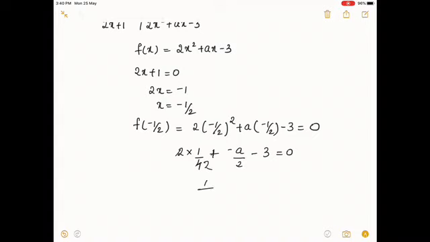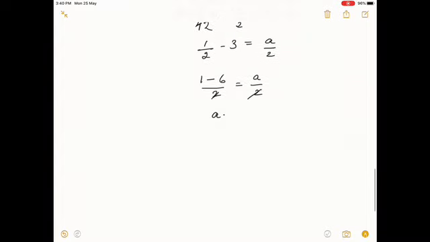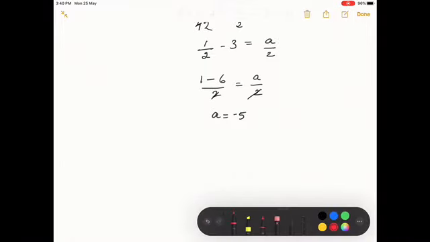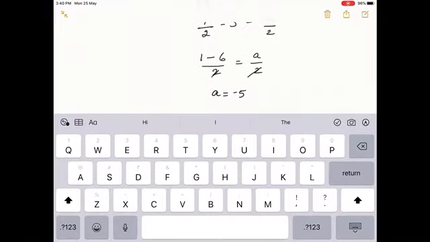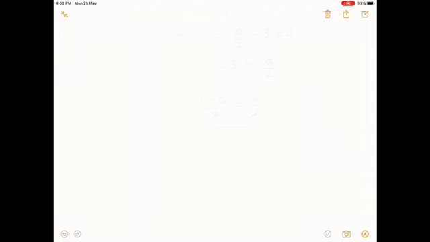What I get: 1 by 2 minus 3 equals a by 2. Minus 5 by 2 equals a by 2. The 2 and 2 get cancelled. You will get a is equal to minus 5. So you get the value of a as minus 5.